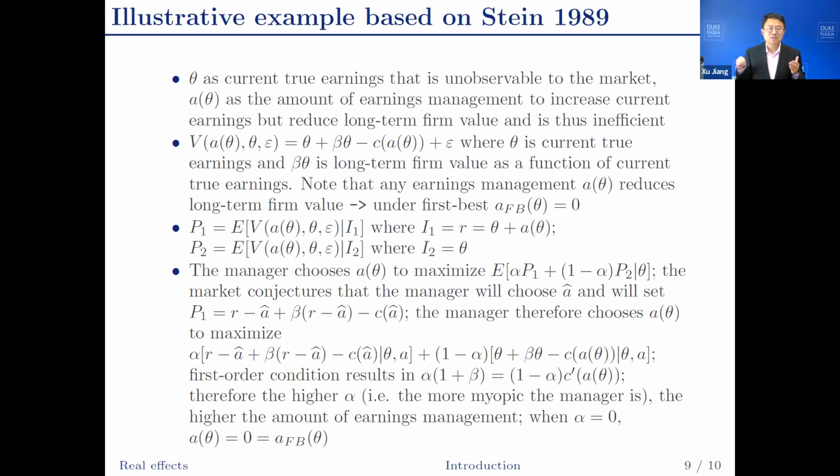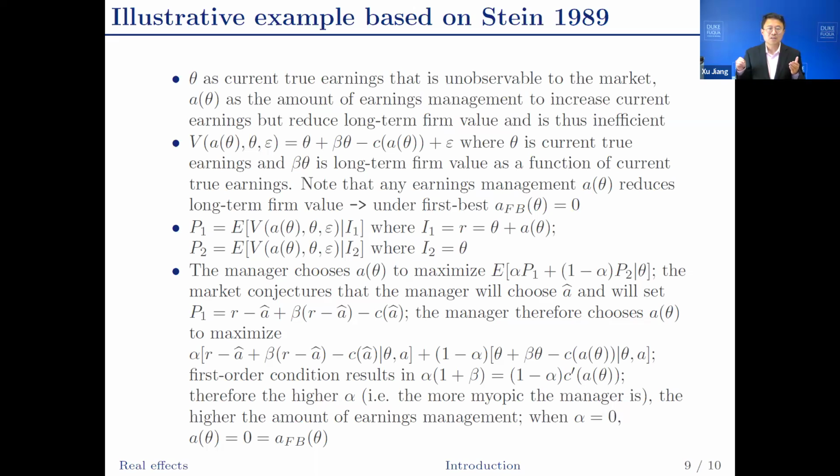And so the market is going to subtract A hat from R in pricing the firm. The manager has to take A hat as given in choosing their A theta. When we do this, the first order condition results in the following equation. We can see here, earnings management is not going to be zero. So it's going to be different from the first best.